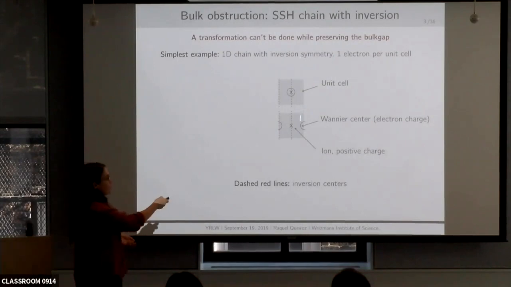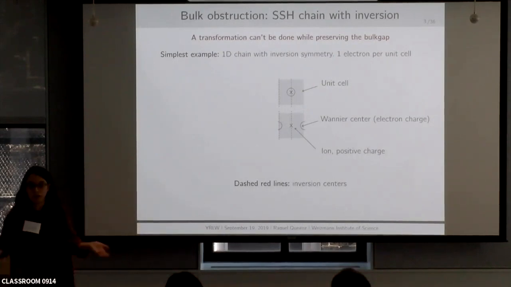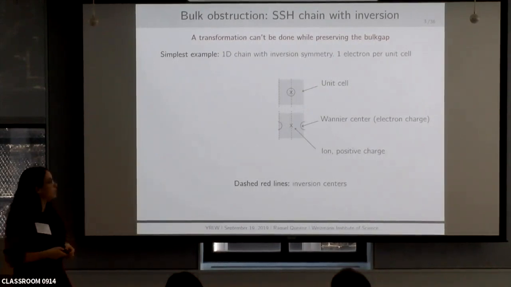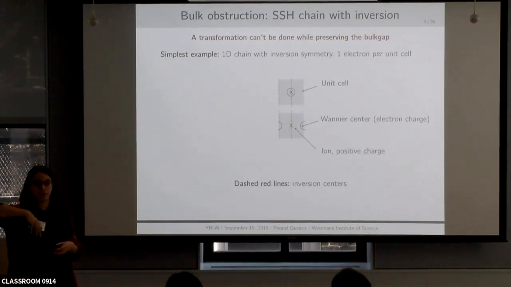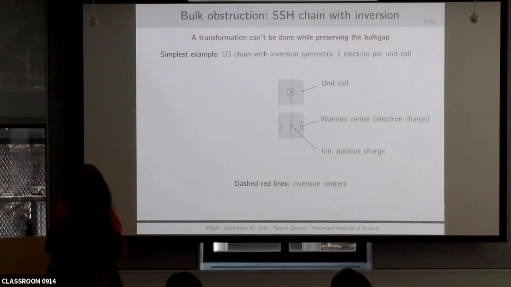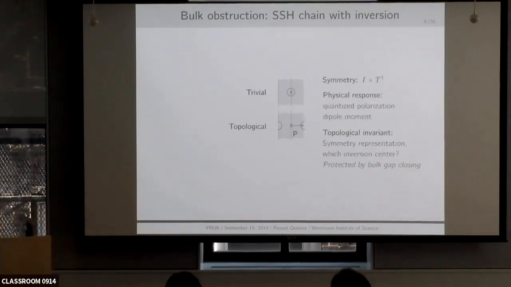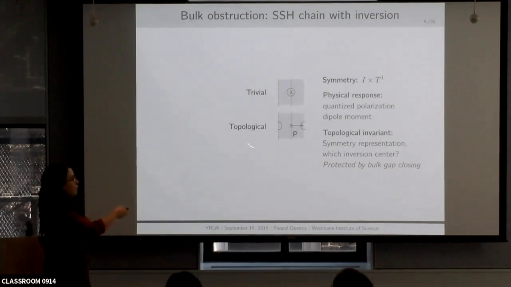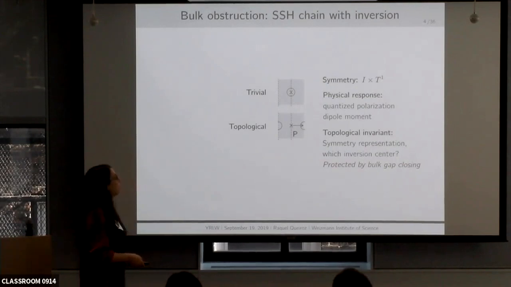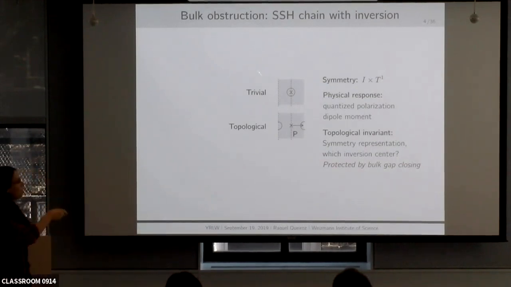Going from one to the other is basically not possible unless I break this inversion symmetry. I'll break some other degrees of freedom to mix it up together, and that's exactly closing the bulk gap. So I can call one of these states trivial and one topological because I cannot adiabatically connect them, and they will differ by a topological invariant.